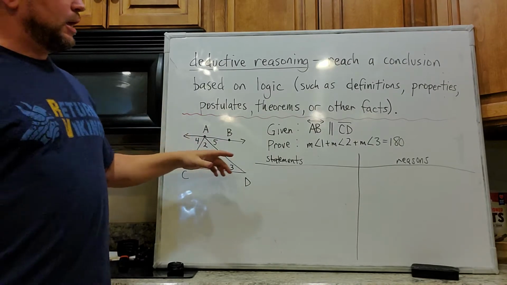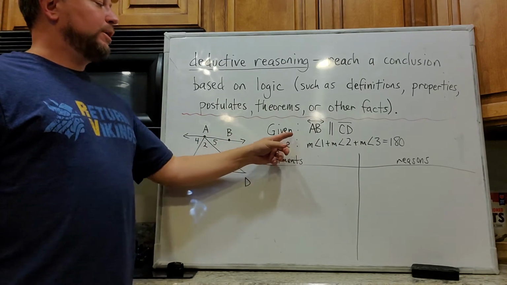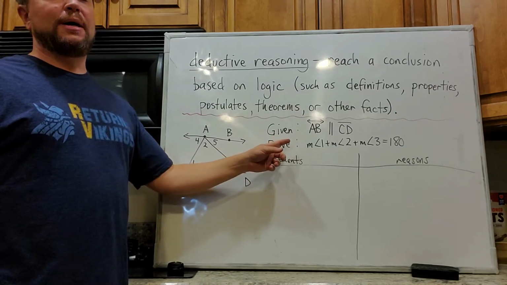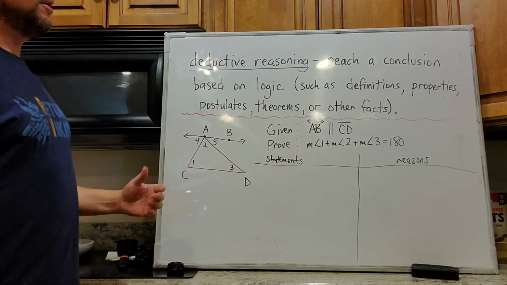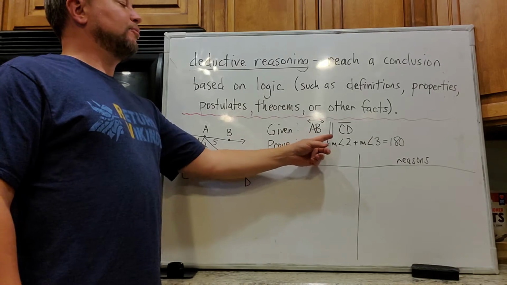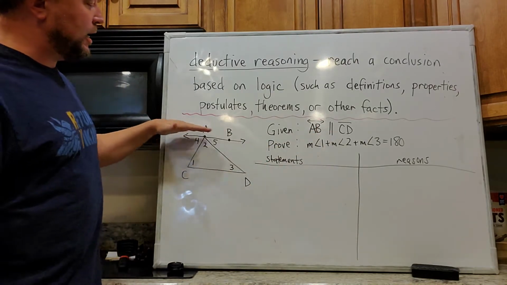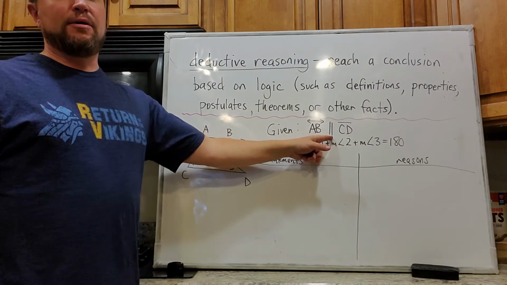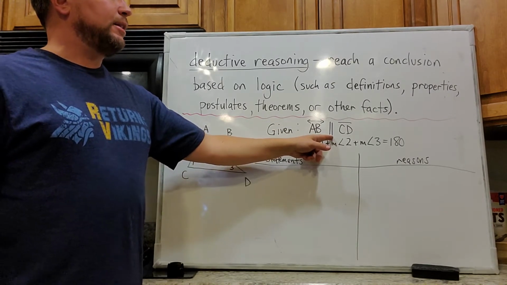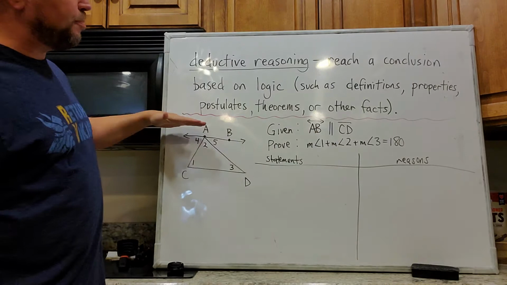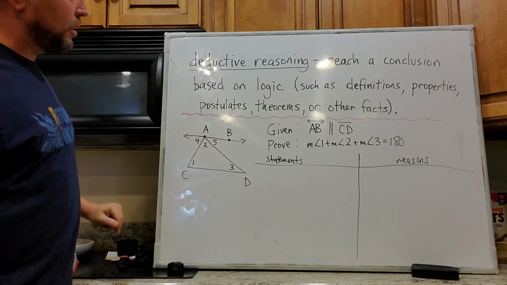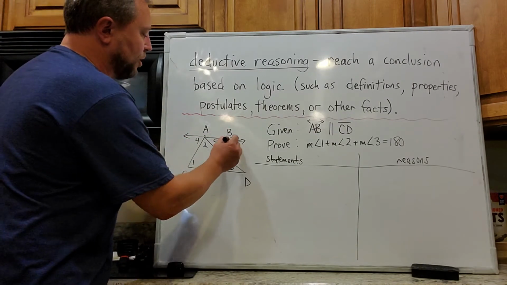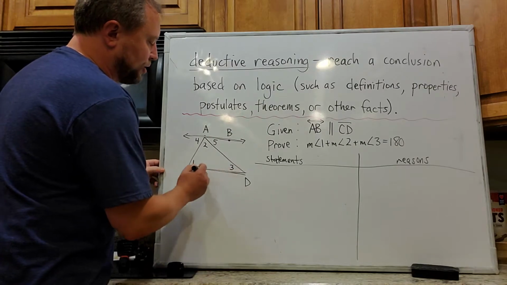Over here I have some given information about this drawing, and it mentions that this line AB at the top is parallel to this bottom line, CD, where that symbol means parallel. So these are going to run in the same direction, so to speak.